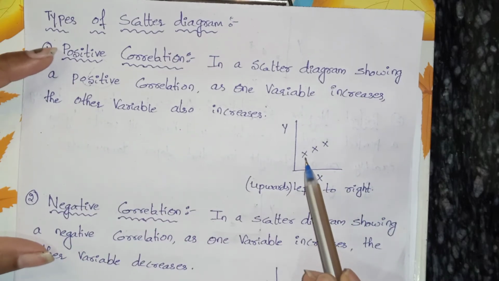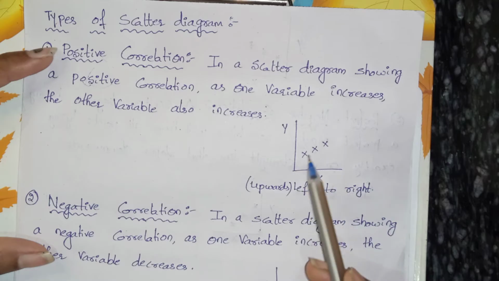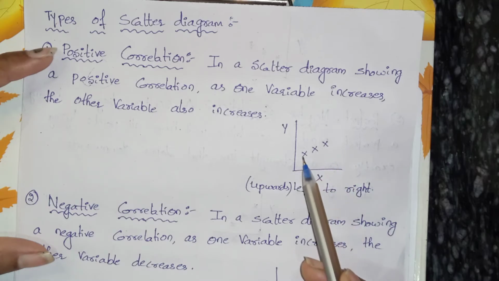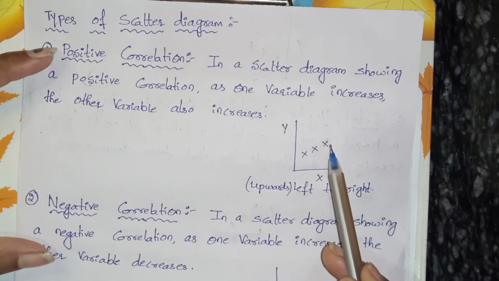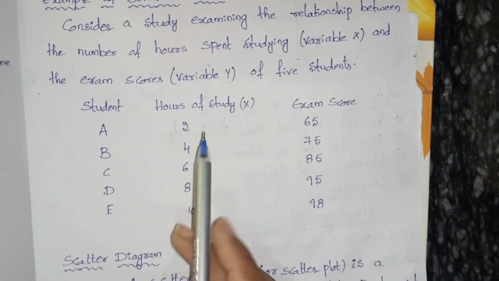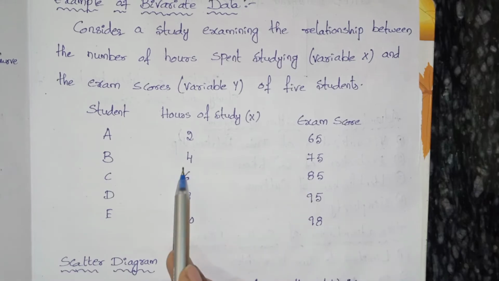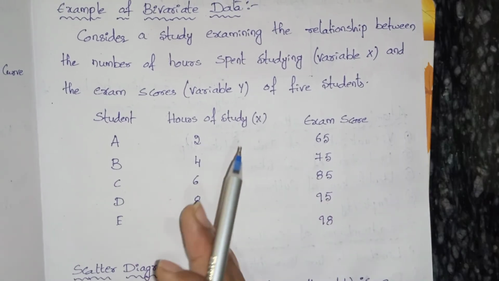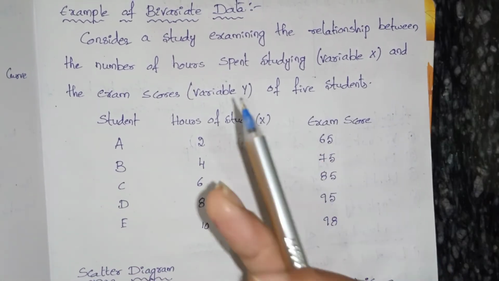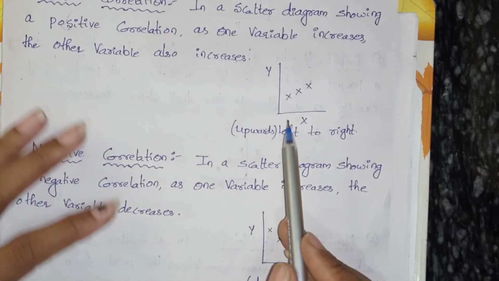If the graph represents like this, one variable increases, the other variable also increases. As we see in this example, if you spend 2 hours studying, you get more marks, and 4 hours means the marks will increase. That means one variable increases, the other variable also automatically increases. So that is called what?